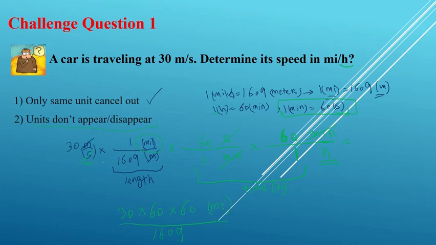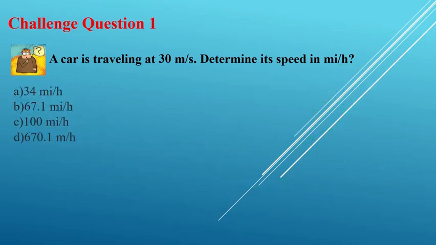In the denominator, the only thing that hasn't canceled out yet is hours. So if you do this with a calculator, you're going to end up with the answer, and your unit is going to be miles per hour. So the answer is 67.1 miles per hour, which is B.